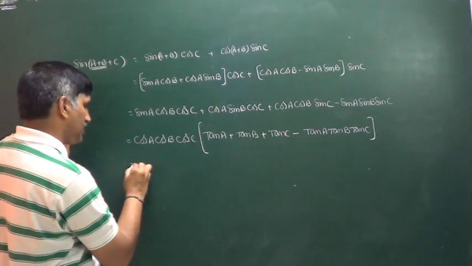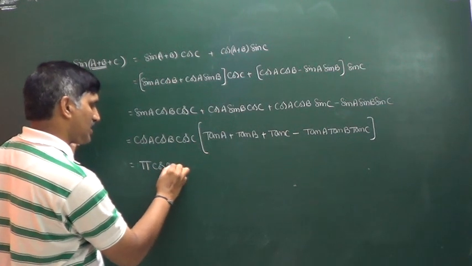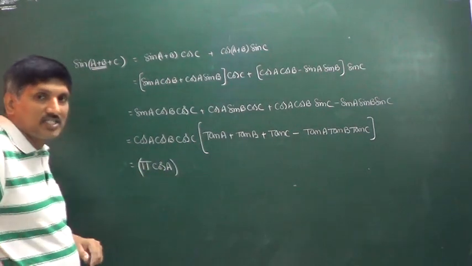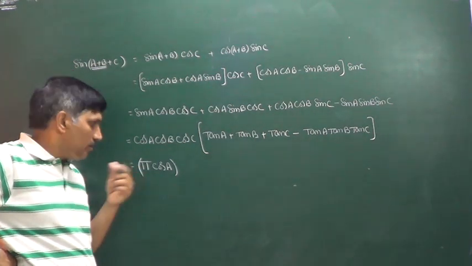I hope you know how to write this one. We can write it as pi cos A. Agree or not? As I discussed with you, pi denotes multiplication.